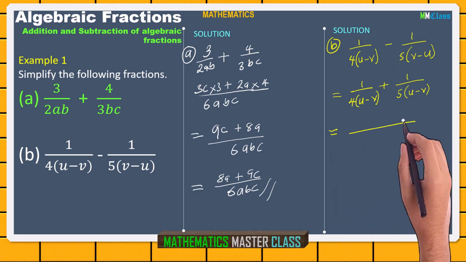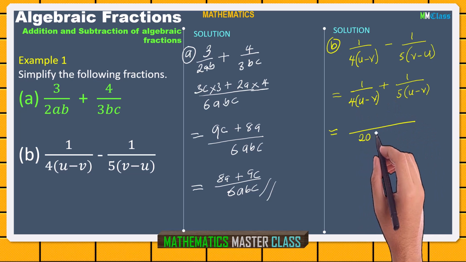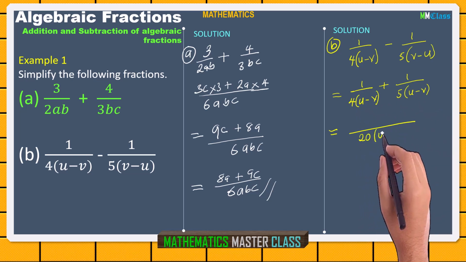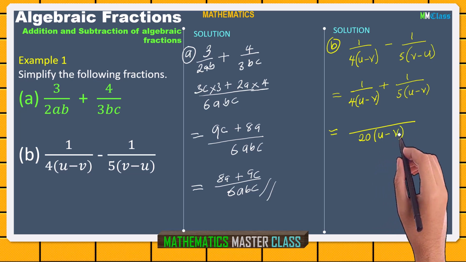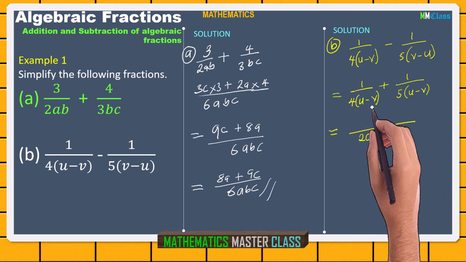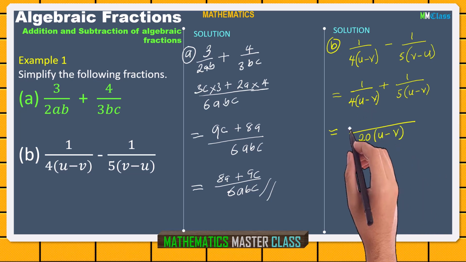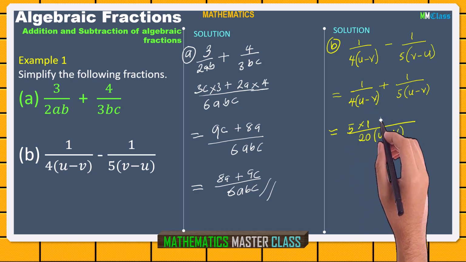So the LCM of the denominators now is 4 times 5 is 20, then open bracket. Since the brackets are the same, you pick one: u minus v, close bracket. So if the whole of this comes into this place, we are going to get 5 times the 1 we have there, plus.